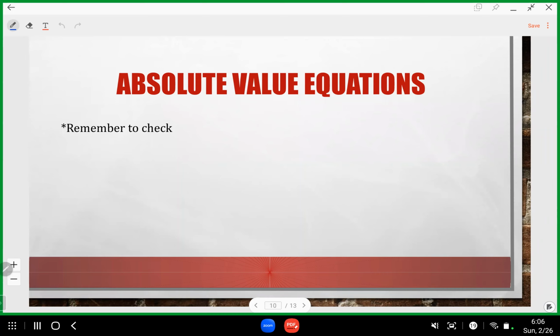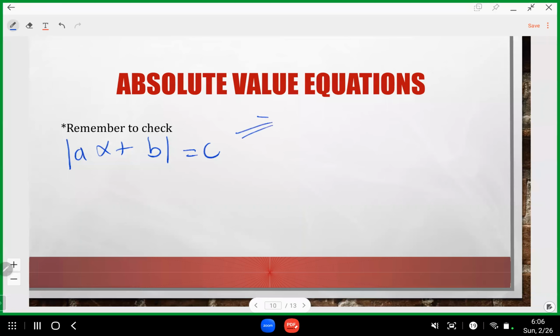Let me give you a scenario here. When the absolute value of ax + b is equal to c, that is an absolute value equation, very similar to an absolute value inequality, but there's an equal sign.